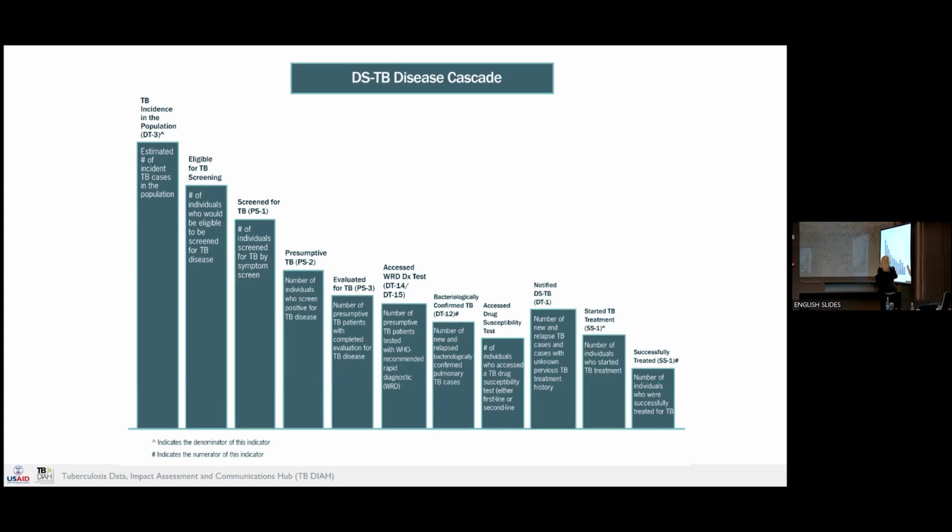Of them, these many were tested for drug susceptibility, and here we see already the number of diagnosed cases, which is higher than the number of people who were bacteriologically confirmed, and this is logical because not only those who are TB diagnosed were bacteriologically confirmed, but also those who were clinically confirmed.